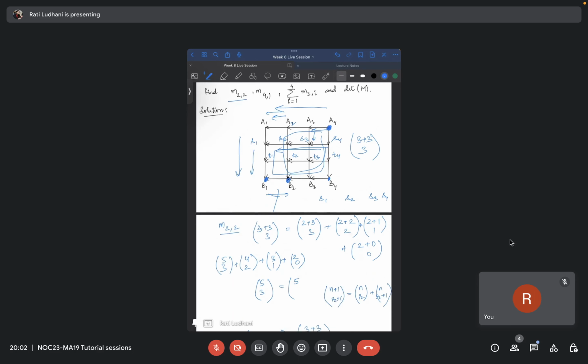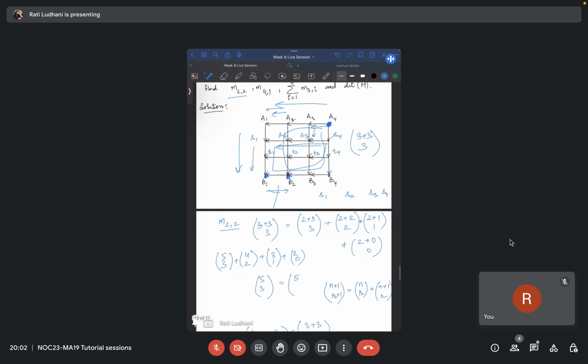I think it is n choose r plus n plus 1 choose r. I don't remember it exactly. Okay, you said n plus 1 choose r. I'll just check it once. But anyway, that will not be of much help here.